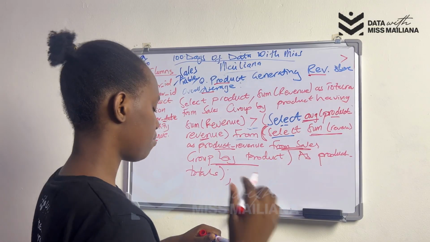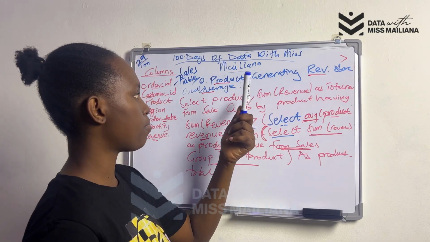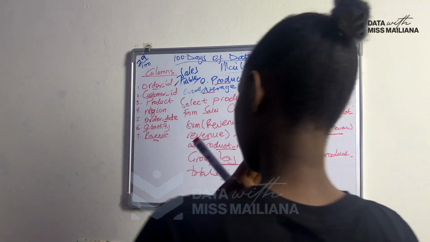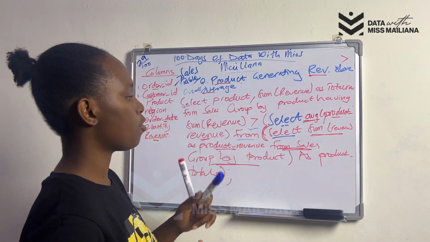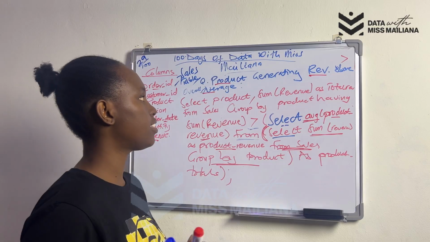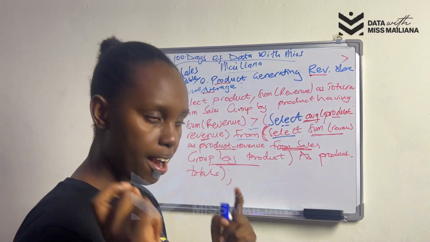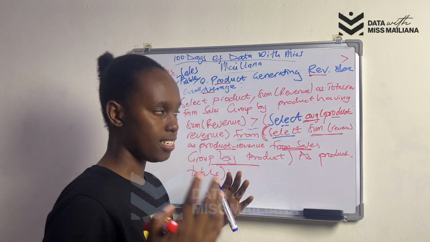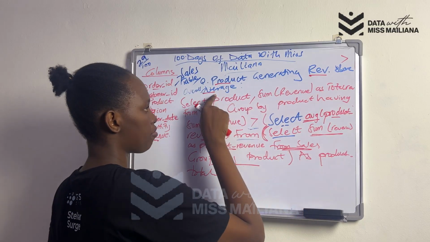Do you get? I'm taking it again. We are looking for the product that generates revenue above average, overall average. So the major factors here: product revenue, average.